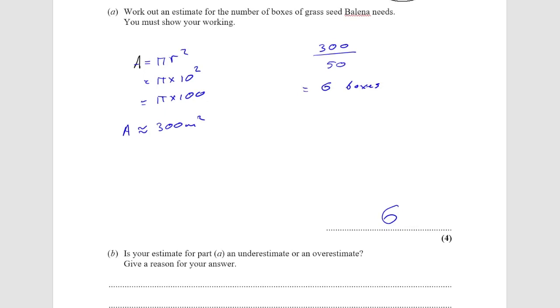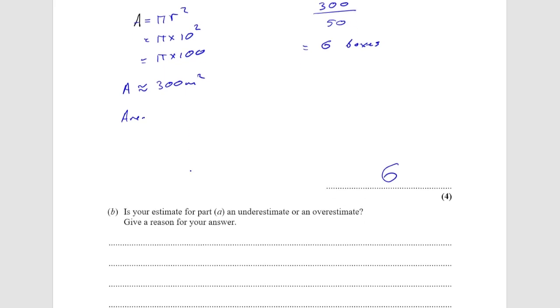Is your estimate in part A an underestimate or an overestimate? Well, if we think about what we've done, this is going to be an underestimate. So the area is an underestimate. So I've also underestimated here.